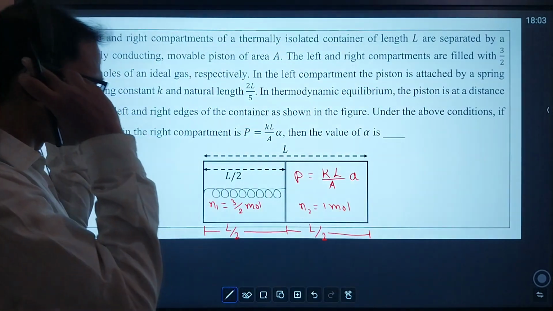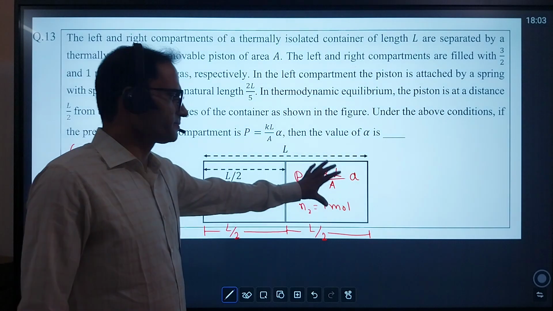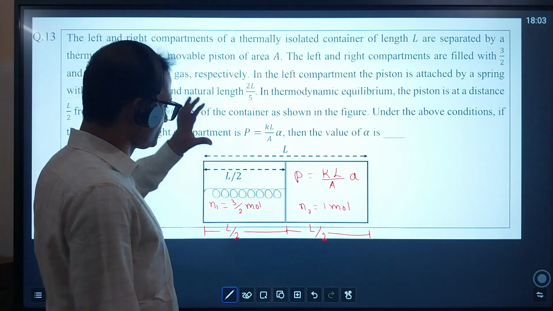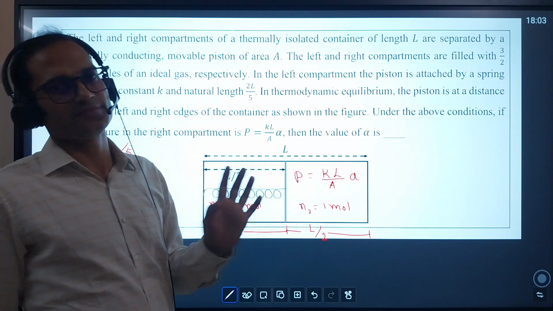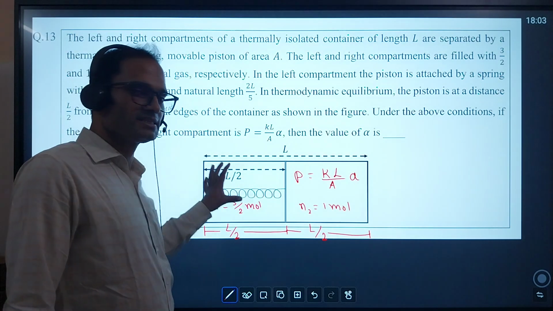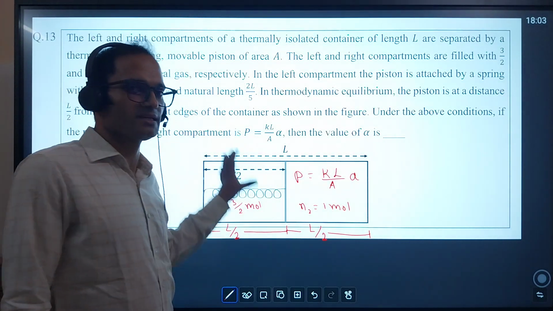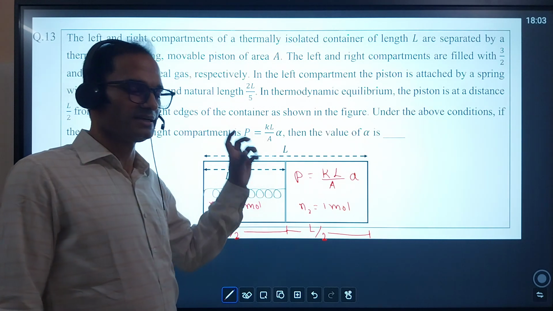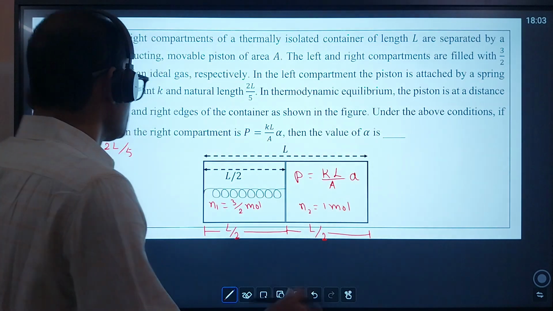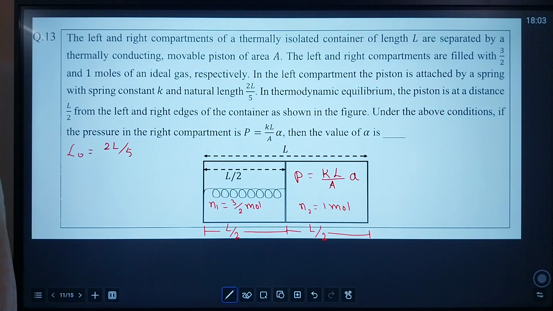So basically the right compartment pressure is given, we have to find the left compartment pressure also, and see the difference in pressure. Here the pressure is larger and this extra pressure is given by this spring. This spring is applying a force. Okay, so let us see the equations.